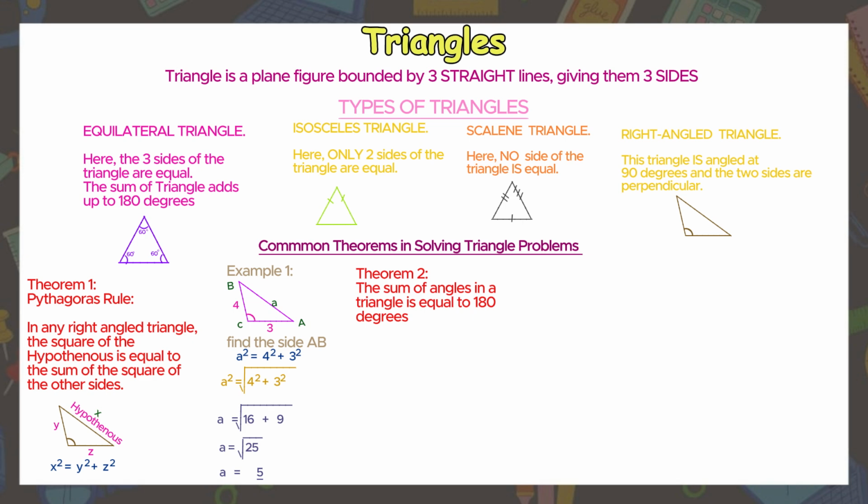The sum of angles in a triangle is equal to 180 degrees.